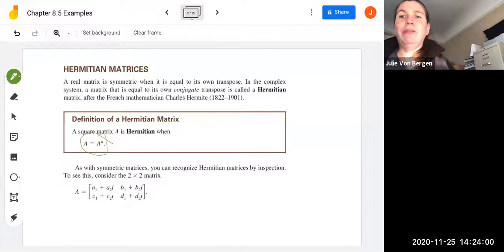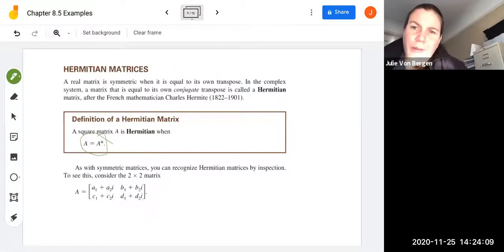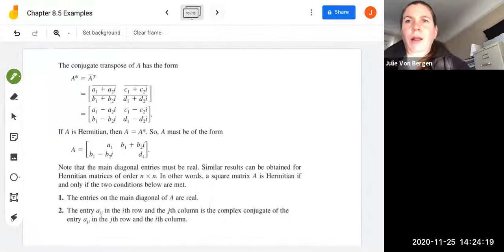And as with symmetric matrices, you can recognize a Hermitian matrix by inspection. To see this, think about this 2x2 matrix, where if you break it down into the components, you'll be able to see really clearly if you've got the conjugates and the transpose equal to the matrix A. The conjugate transpose of matrix A has this form where the diagonals flip and then every value is conjugated.